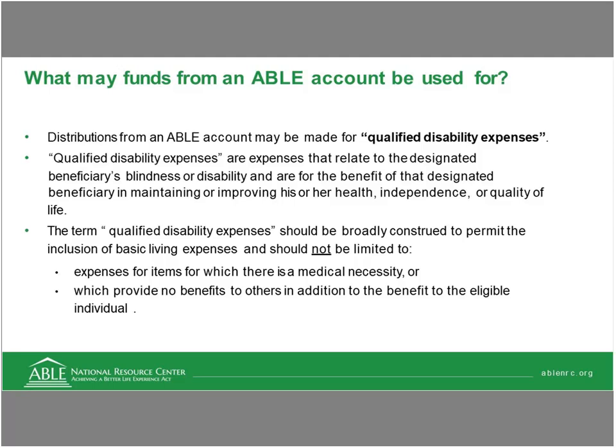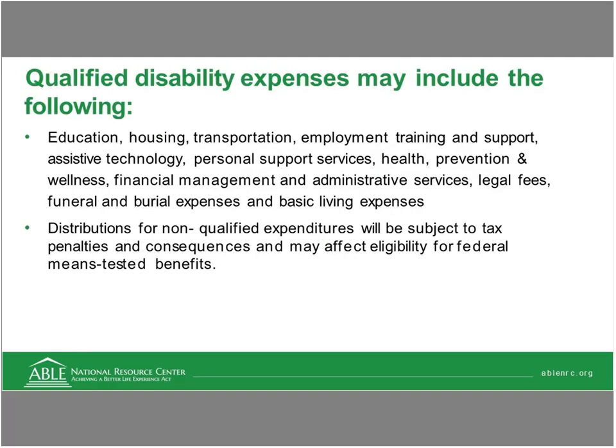Additionally, the term qualified disability expenses is stated to be broadly construed to permit even the inclusion of things like basic living expenses, and it should not be limited to expenses of which there is a medical necessity or which provide no benefit to others in addition to the benefit to the eligible individual. So Congress also provided what I like to call buckets or categories in which these qualified disability expenses might fall under.